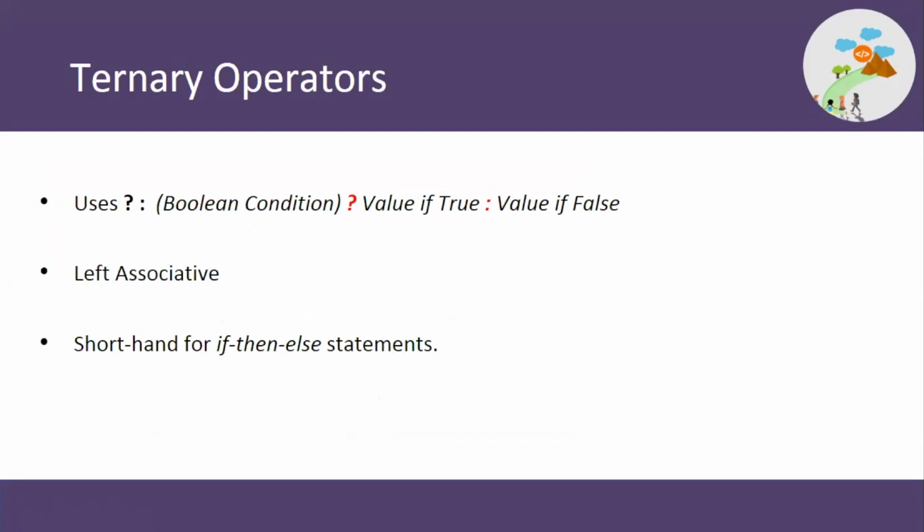Ternary operator is a very special type of operator. And whenever you talk about any kind of operators, this is a term that you would keep seeing or hearing: whether it is left associative or right associative. Now, what does this term really mean? A left associative operator means that the expression involving the operator will be evaluated from left to right.